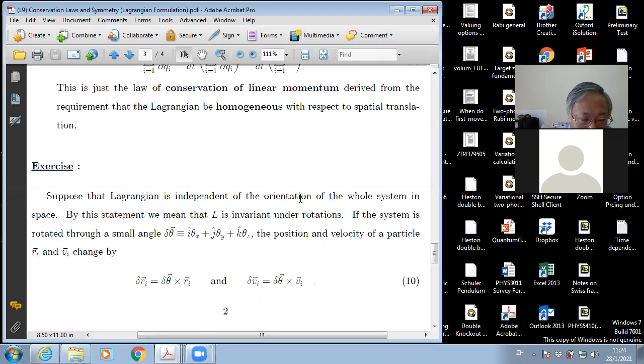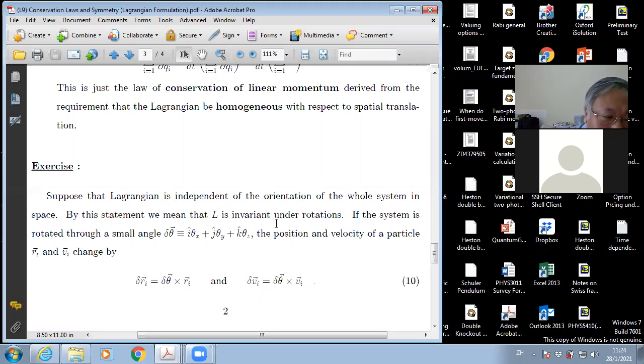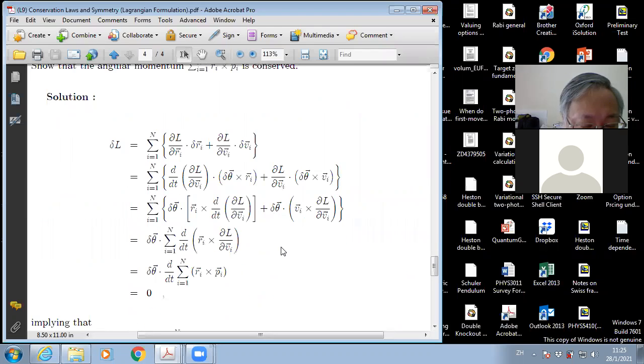Okay, now we all know that this is true because even in Newtonian mechanics, we can derive the same conservation law as well. But in the Lagrangian formulation, we realize that the conservation laws are directly, closely related to the symmetry possessed by the Lagrangian.